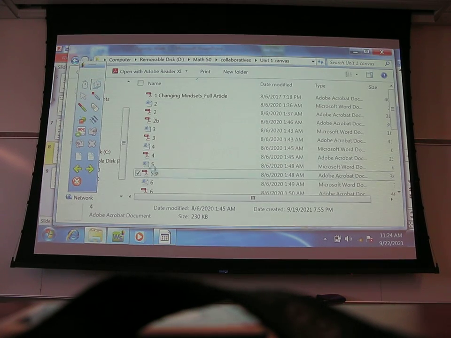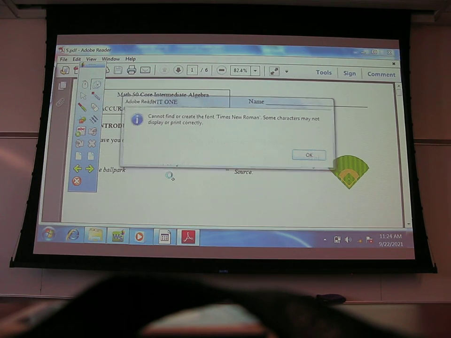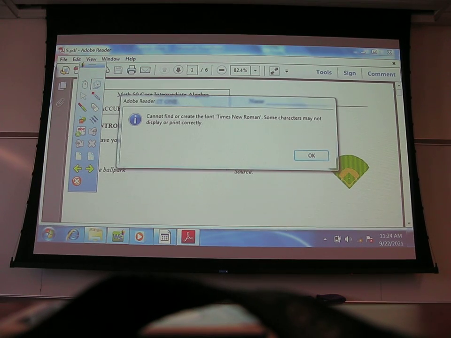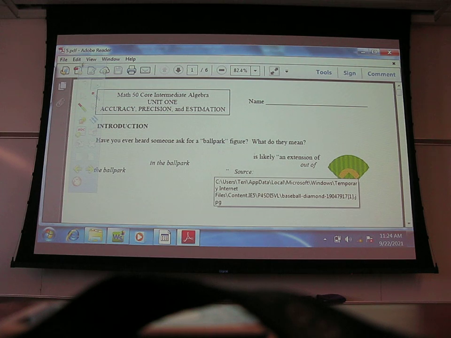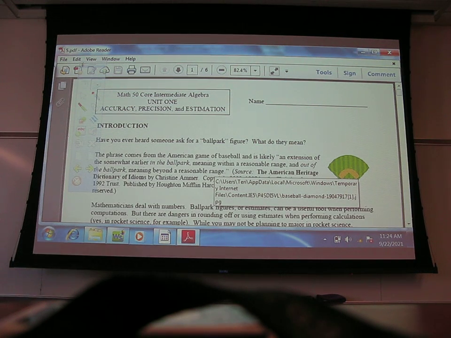So, next we're moving on to this handout. Can you pass these back?